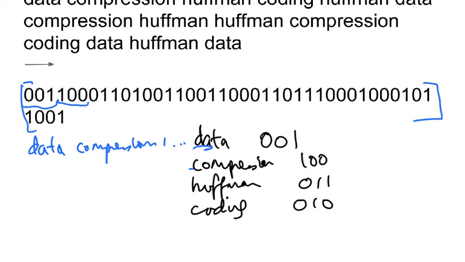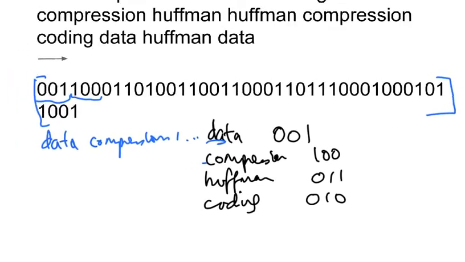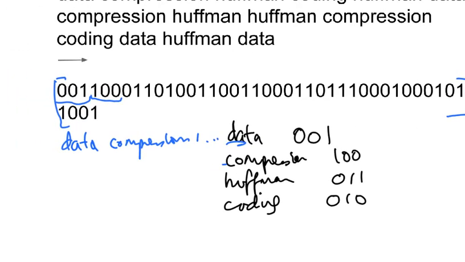One thing to note here is that it is possible to do the decoding in this particular example because the codes are so nice. What I mean is, let's take a look here. 001, for example, can only be data. 100 can only be compression.